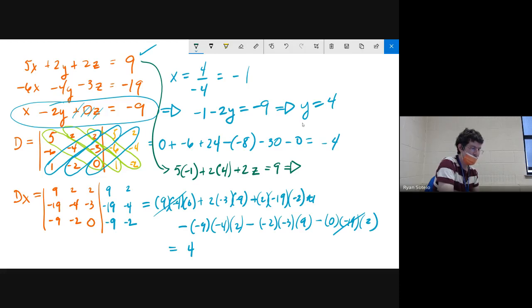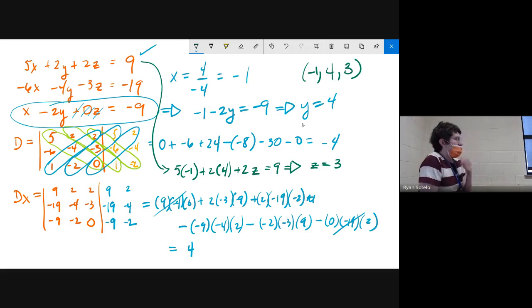Subtract 3 from both sides, you'll get 6 over here. 6 divided by 2 is 3. So I have x is -1, y is 4, and z is 3. So I could have done matrices the whole way through, but once I got one of the answers, I really didn't need to. You can just start plugging in, figuring out the rest of them. Is that okay? You guys following this? I hope.